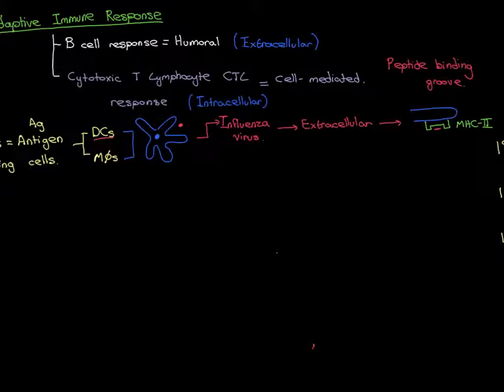The dying epithelial cells. Epithelial cells that will be full of influenza viral antigens. If one of these antigen-presenting cells was to phagocytose that, then it would know that the pathogen was intracellular and would then start the process to initiate an intracellular response.